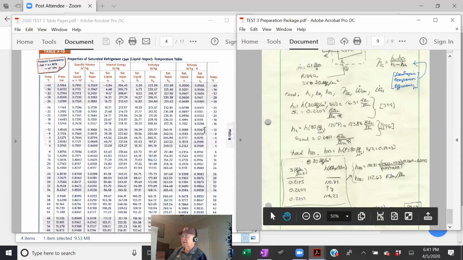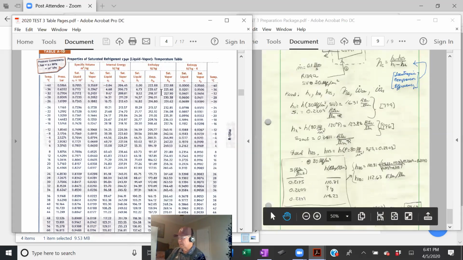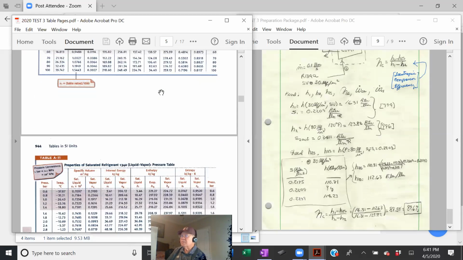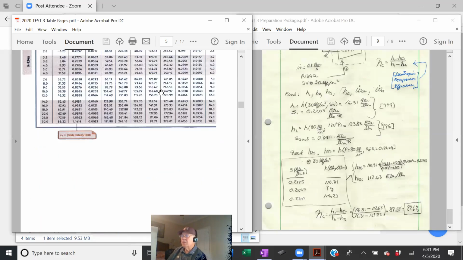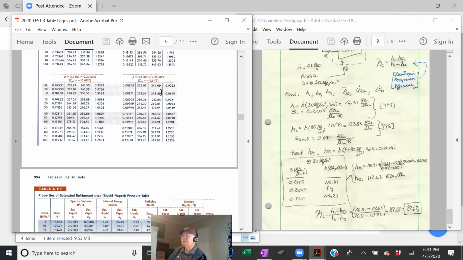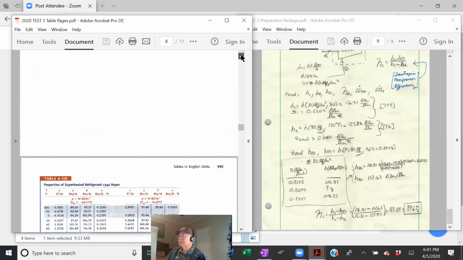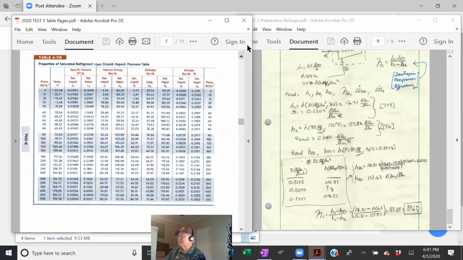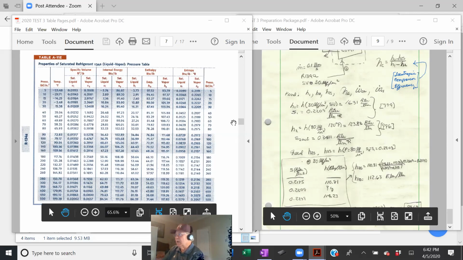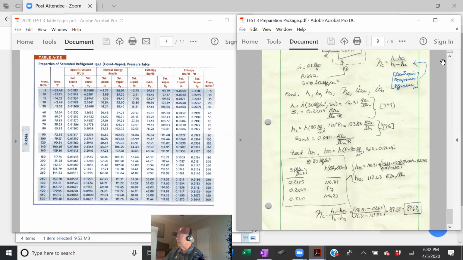I don't think I have that table. Nope. Yeah, I do. I have both. Let me go up and check share and make sure you're seeing what I'm seeing. You're supposed to be. Okay, there's my R134 saturated table. Now let's see what we got over here.